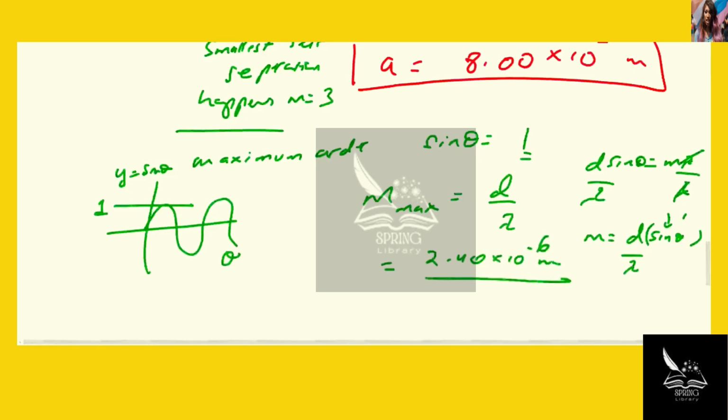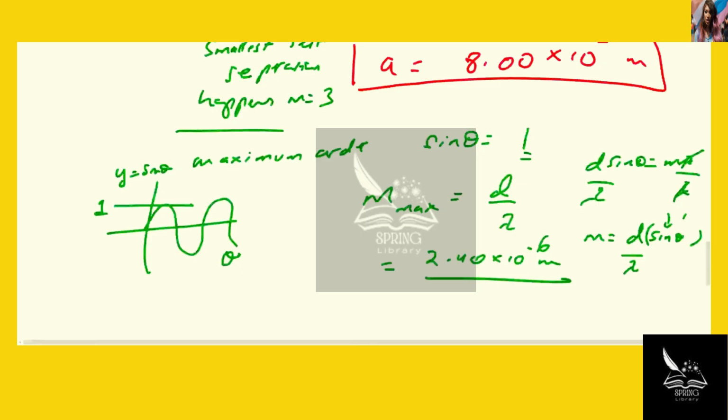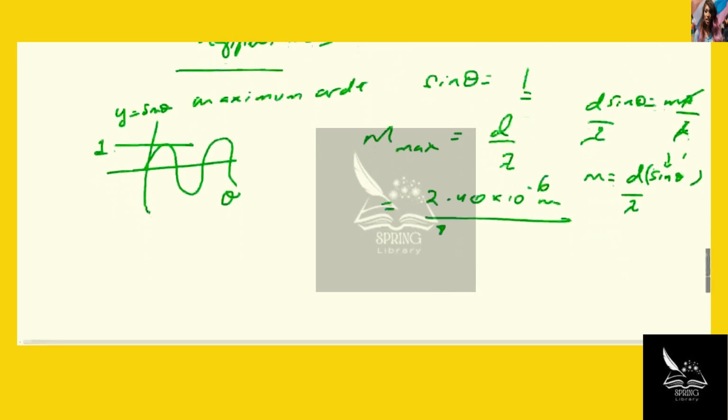And lambda, or wavelength, was 800 times 10 to the negative 9 meters.